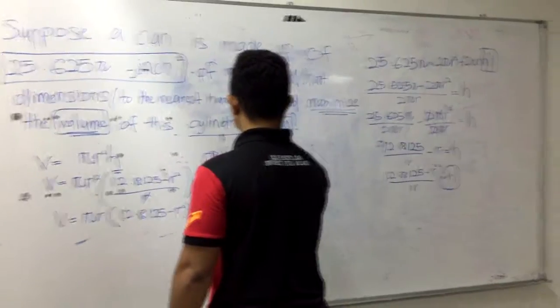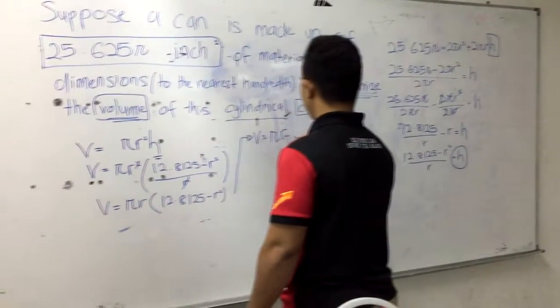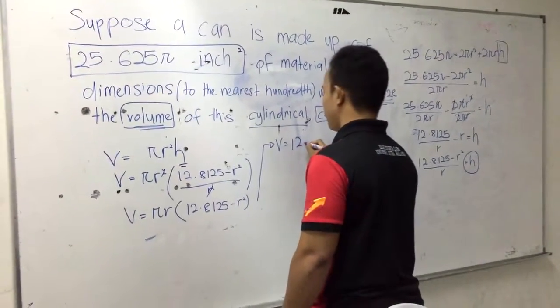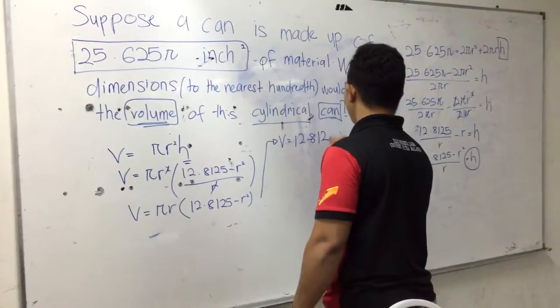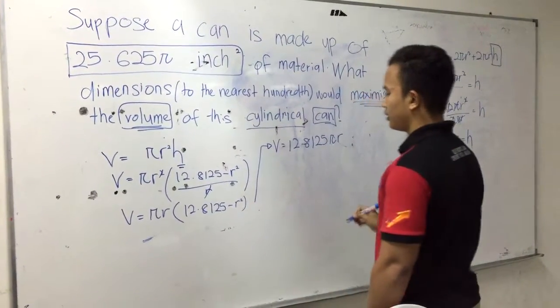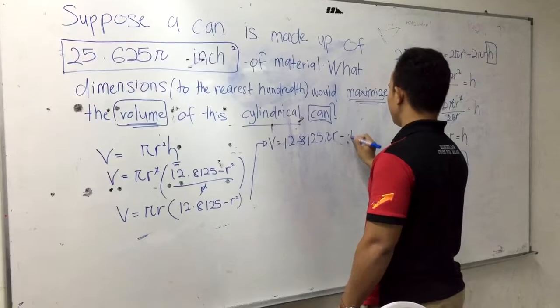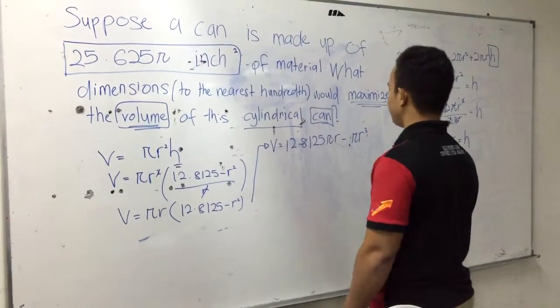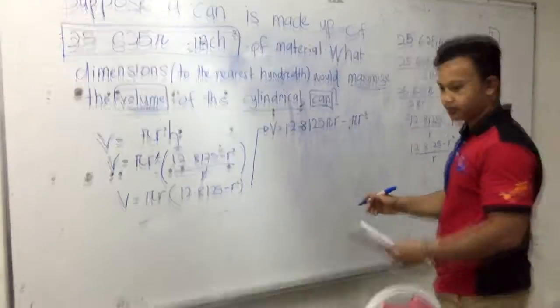V equals pi r, sorry, my mistake, V equals 12.8125 pi r minus pi r cubed. Am I right? Yes. Okay.